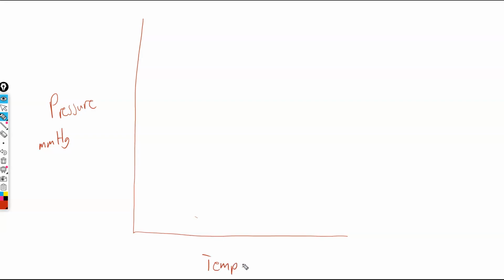So let's say we're looking at the phase diagram for water. Let's call this spot 760 millimeters of mercury, so 1 atmosphere, normal atmospheric pressure. Let's call this 0 degrees Celsius, so these will all be in Celsius, and let's call this about 100 degrees Celsius.